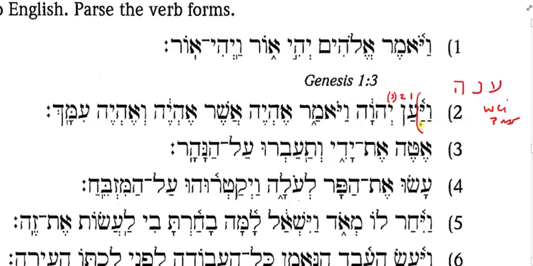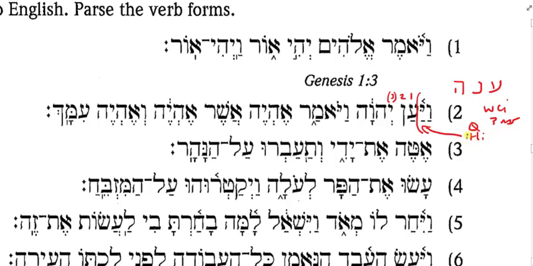What stem is it? Looking at the A-class vowel here, that could be hifil, couldn't it? But what else could it be since I have a guttural in root 1 position? That could also be cal.